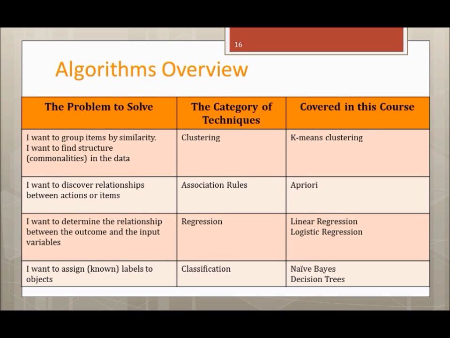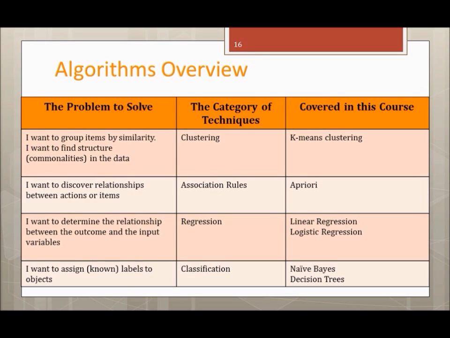The second technique is called association rules, and we use that technique when we want to discover relationships between actions or items. Most of the time the problem deals with transaction data. A real world example of this kind of problem is to analyze the Amazon transaction data. When you look at the Amazon data, you see the buying and selling behavior of the customers, and when you apply an association rule algorithm on that data, you are trying to find some interesting rules in it.